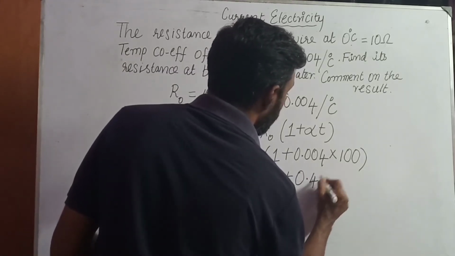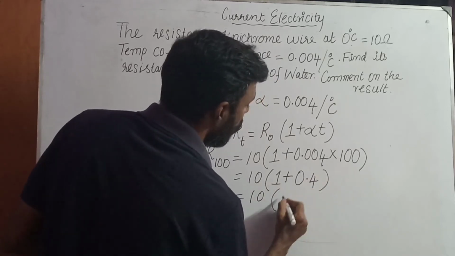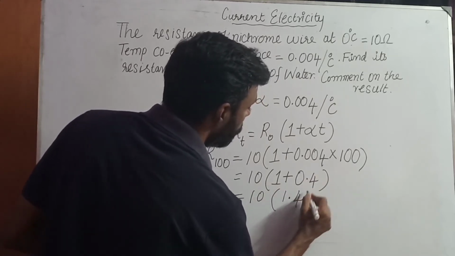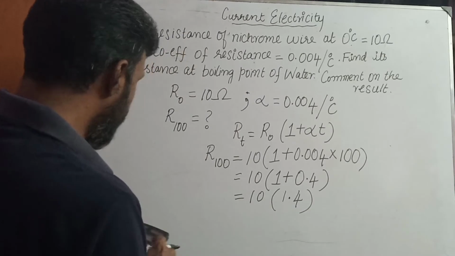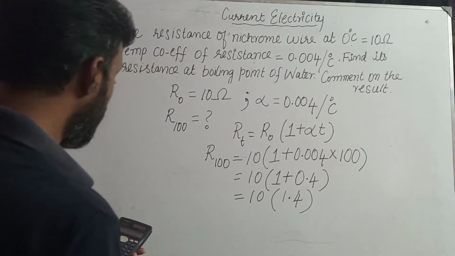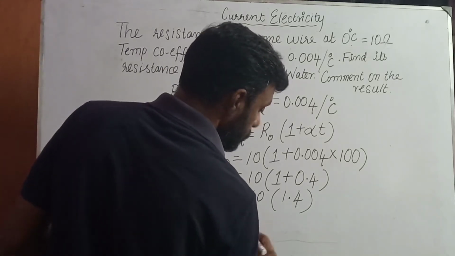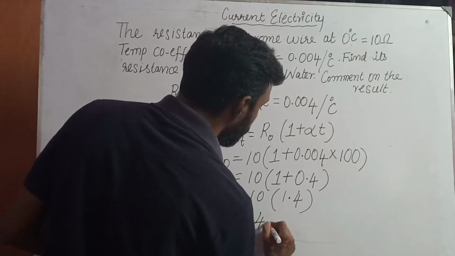So 10 into 1 plus 0.4, which is 1.4. 1.4 into 10 is 14 ohms.